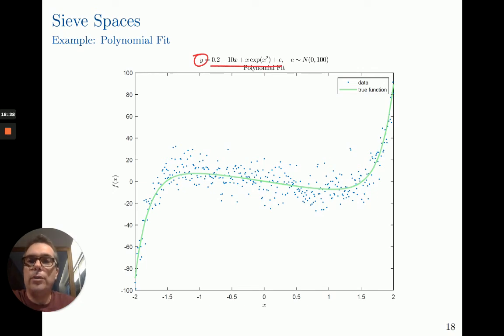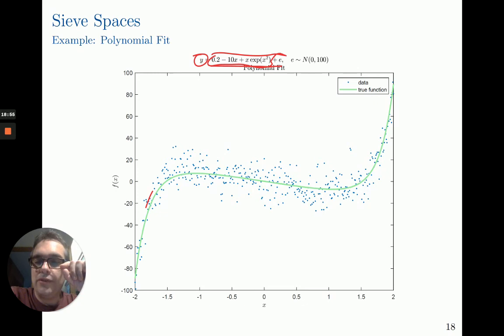So y is 0.2 minus 10 times x, that's a linear component, plus x times the exponential of x squared, plus the error. So this true function, without the error, is the green curve that you see over the dots. So that's our target.